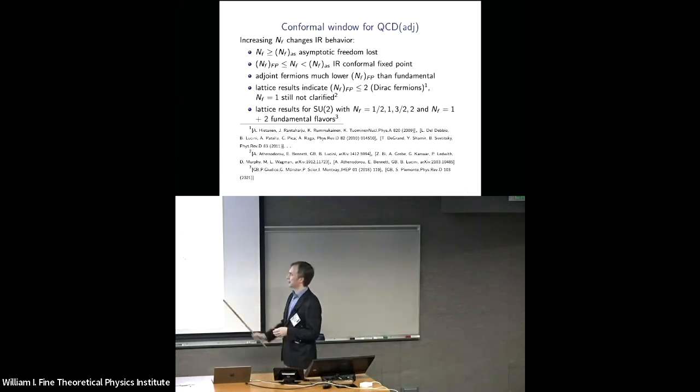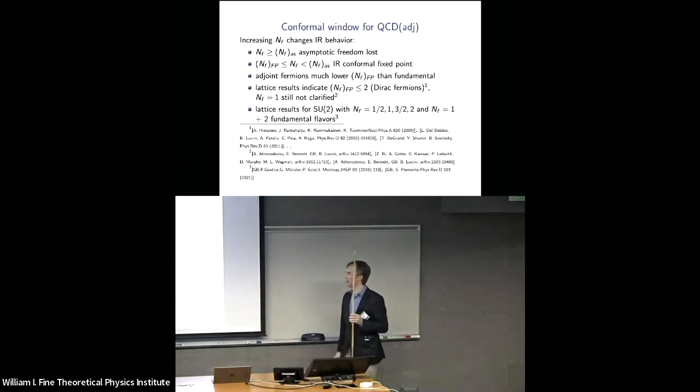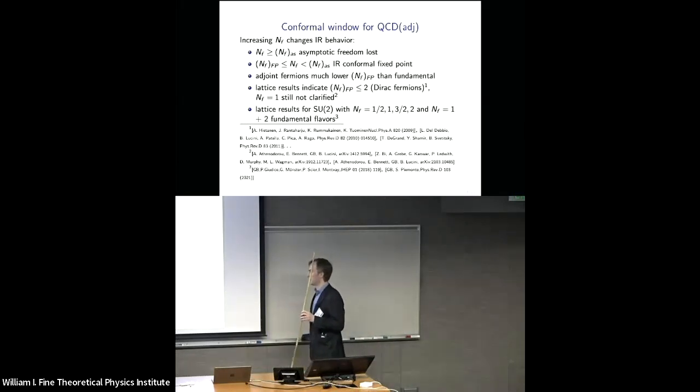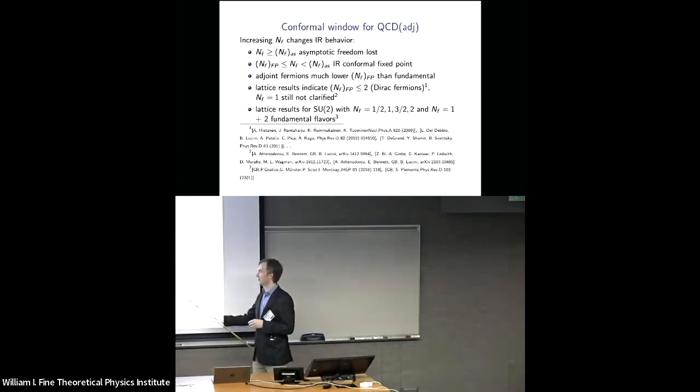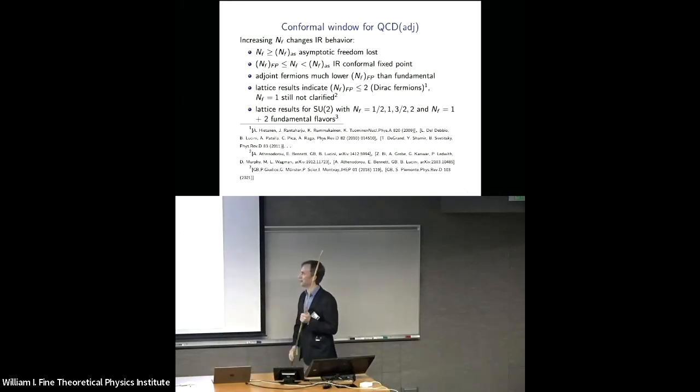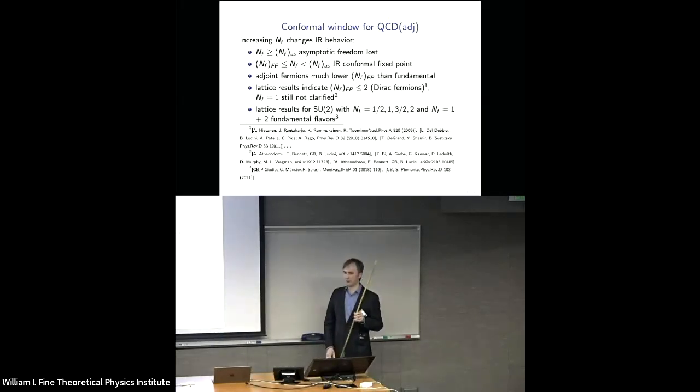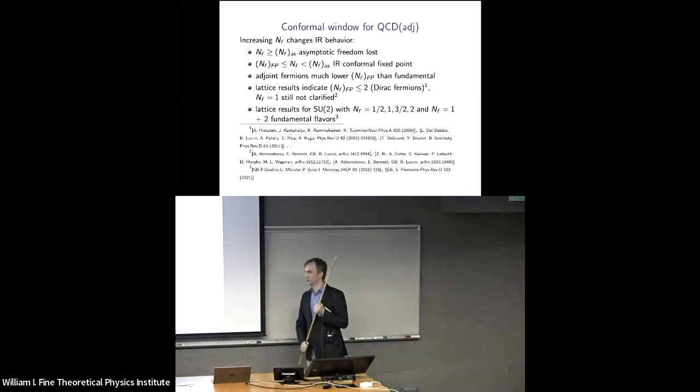If you just look at perturbative estimates, I think asymptotic freedom is lost at around 11/4. For the lower end of the conformal window, of course, perturbation theory is not reliable, but the estimates are that this is either just above 1 or just above 2, depending on what kind of methods you are using.